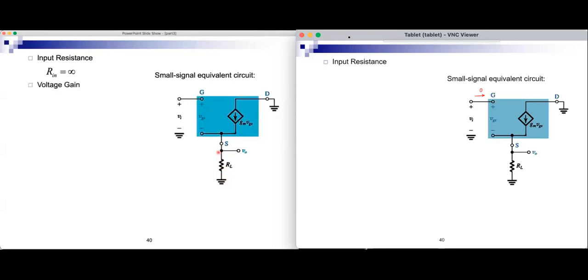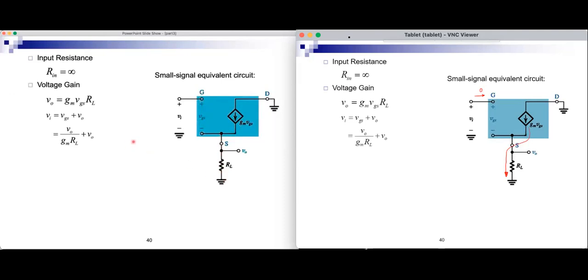So let's write some equations. The output voltage is equal to the current in RL times RL, and the current in RL is GM VGS. So V out is GM VGS RL. The input is VGS plus V out.